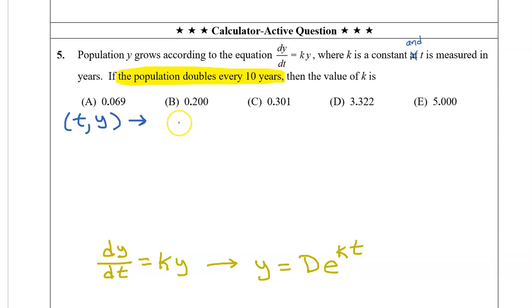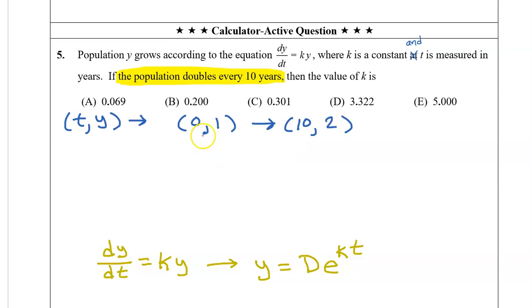So, for example, imagine that at time t equals 0, the population is 1 person. In 10 years, the time will now be 10, and the population will now be 2, because the population doubles in 10 years. Let's use these two hypothetical initial conditions to find the value of d and k.